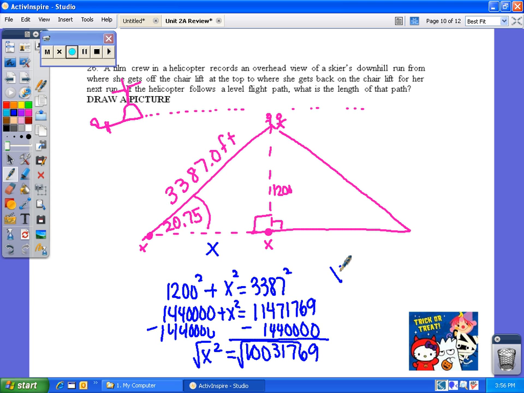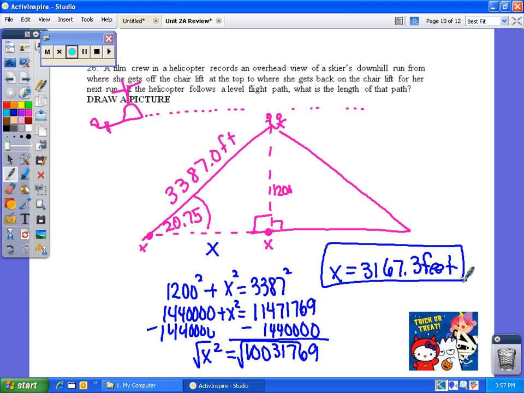It's going to be a big old number. 3,167.3 feet. Okay, so that's what I got doing the Pythagorean theorem.